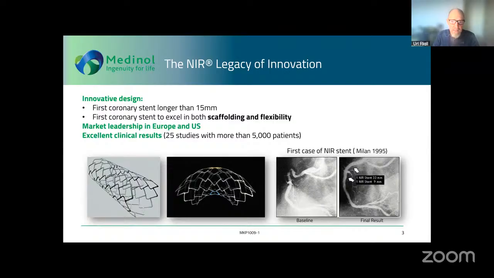And second, it had the optimization between flexibility and radial strength, providing the right flexibility and scaffolding. With that, Medinol has become market leader in Europe and the US and had 25 studies with more than 5,000 patients. Actually, the first stent was implemented in 1995 in Milan by Professor Colombo. He liked it so much that he actually implanted 2 stents in the first case.